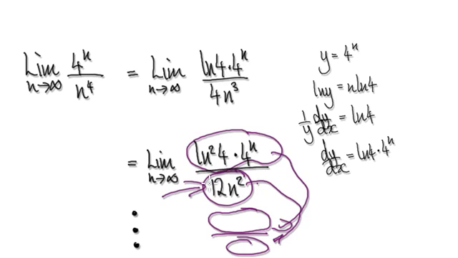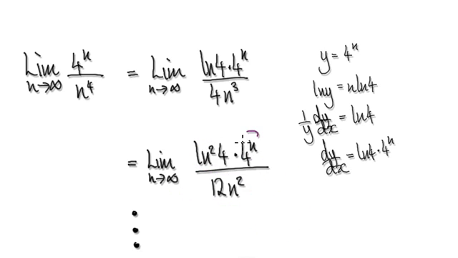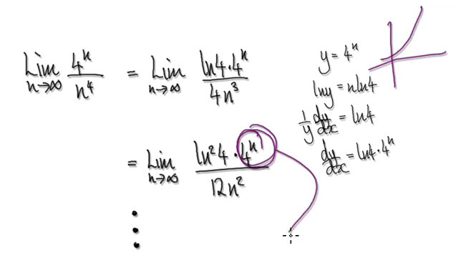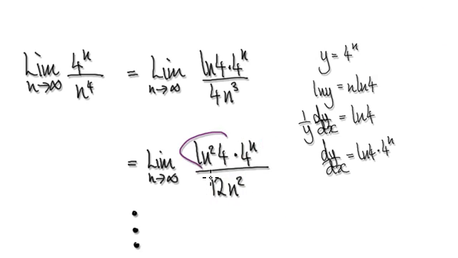But eventually, this thing here is going to become a constant. And if you keep on repeating the process, this thing here is always going to have this 4 to the power of n. If you keep on applying L'Hopital's rule, eventually this thing here will come to a constant, and so you're going to have something containing 4 to the power of n over a constant.